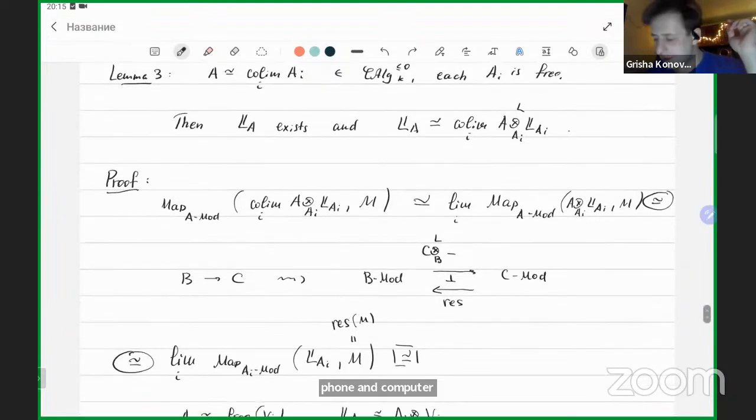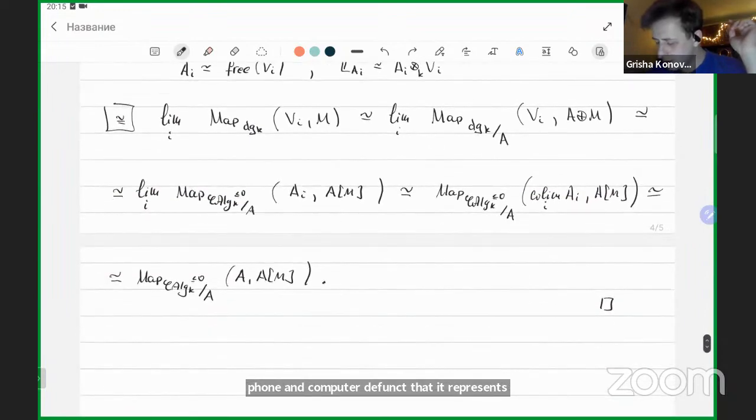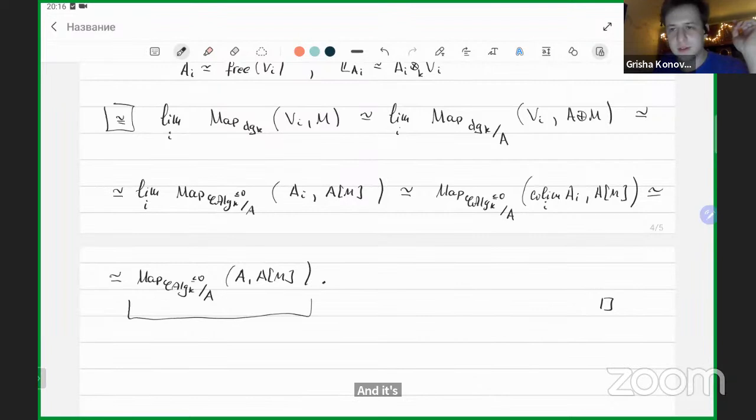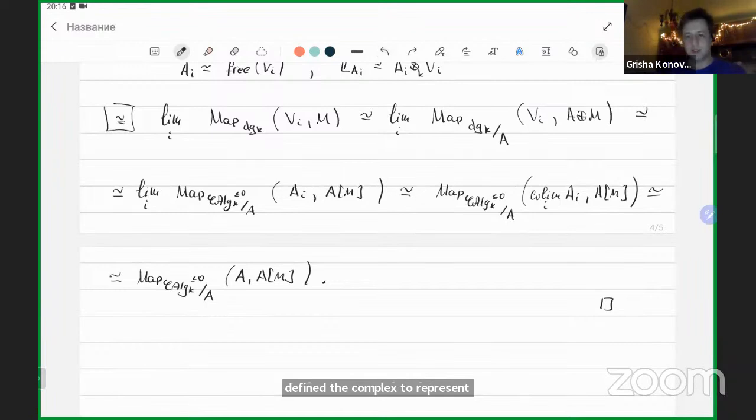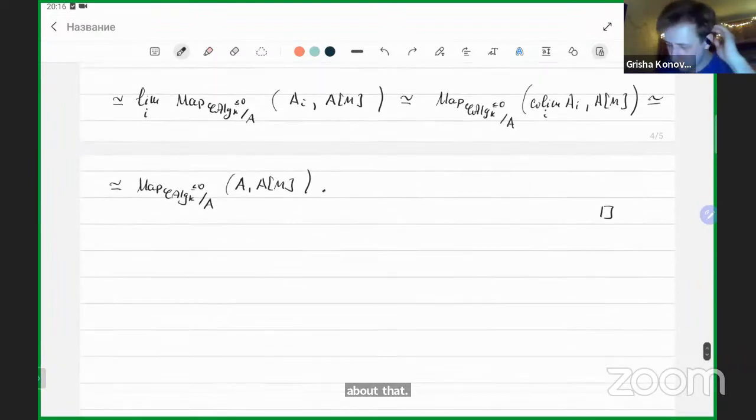And it turned out that it co-represents this functor, which is the functor that we defined the cotangent complex to represent. So that gives us the claim. Any questions about that? Okay, good.